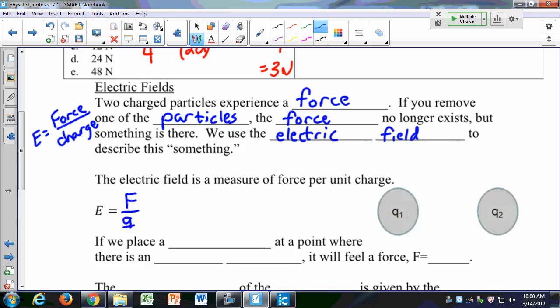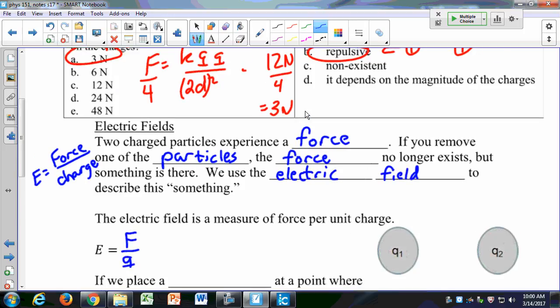All right, let me try to explain. It's kind of difficult to explain, but I have two charges here. They both feel a force. However, if I take away one of those charges, then I no longer have that force. But something still exists in the area surrounding this charge, because I know that if I bring another charge in, it's going to feel a force as well.